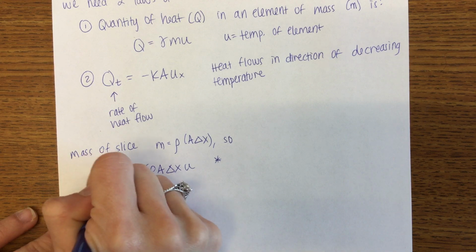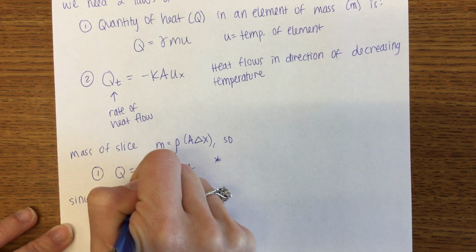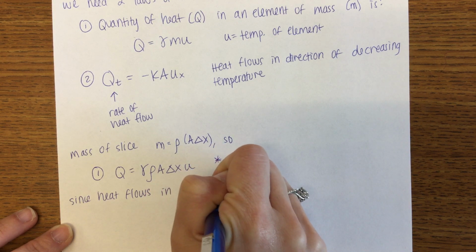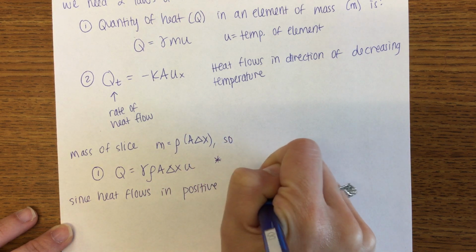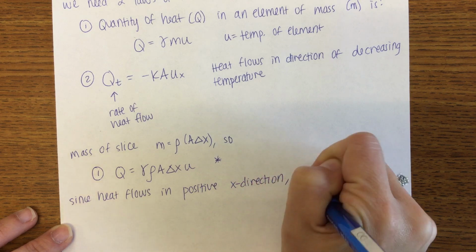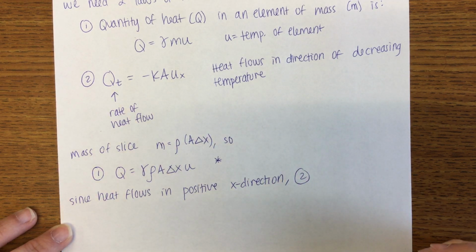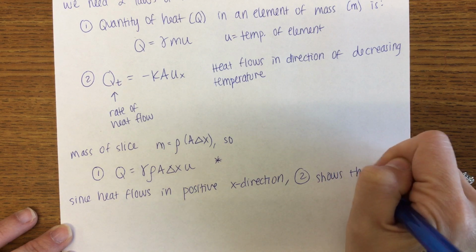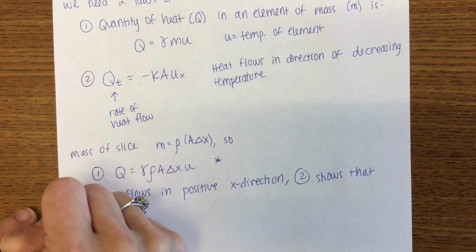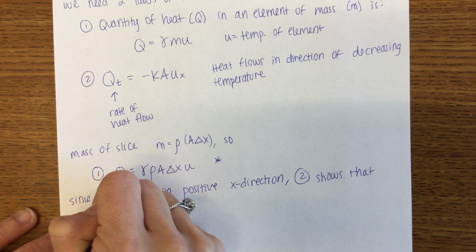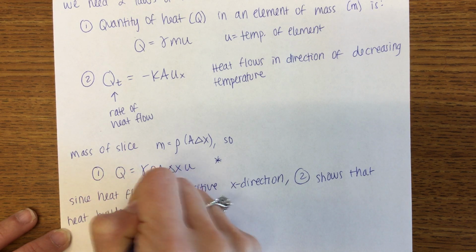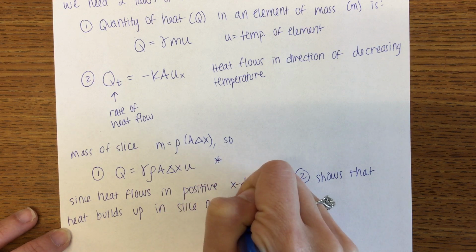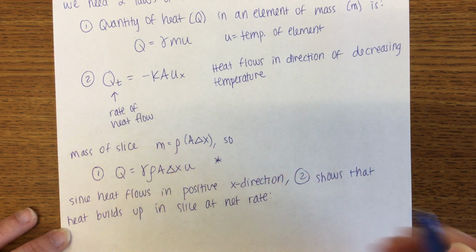Next, since heat flows in the positive x direction, what equation 2 shows us is that heat builds up in the slice at the following net rate.